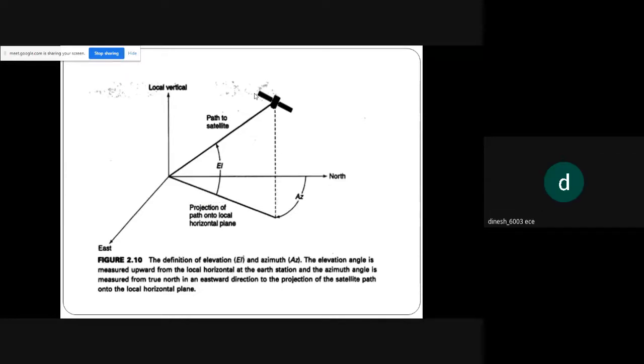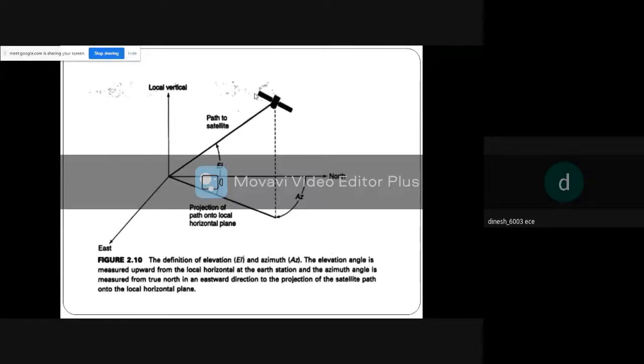The satellite is placed in space, so from space we are finding the position of the satellite. With respect to that, I'll tell you in terms of altitude.